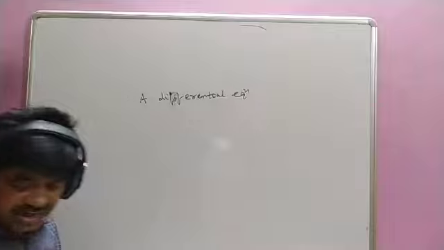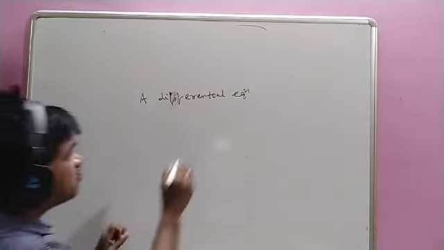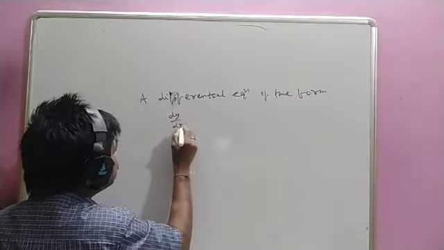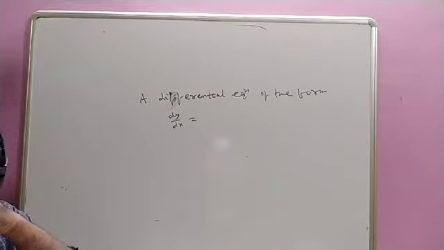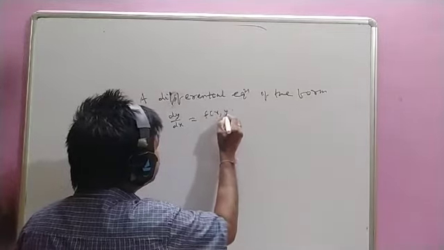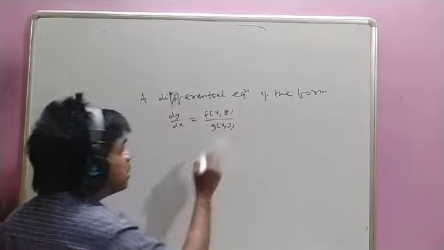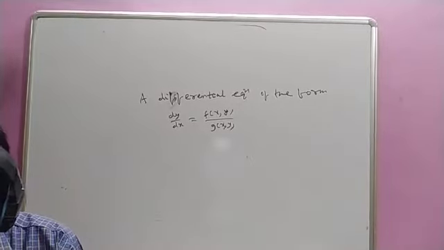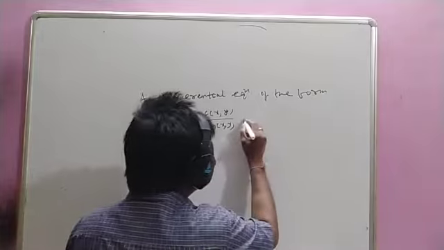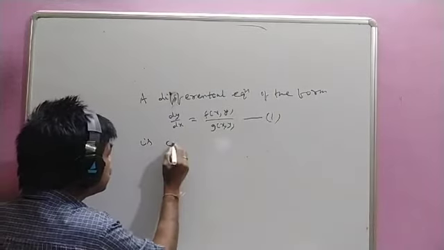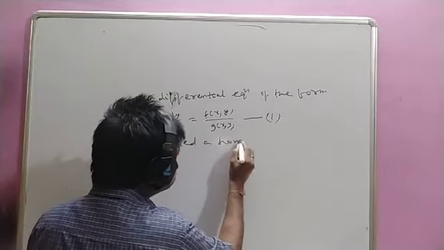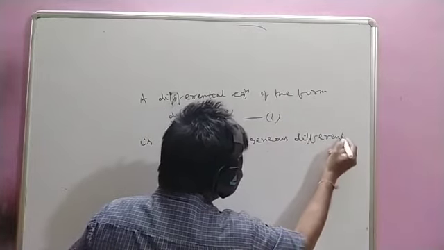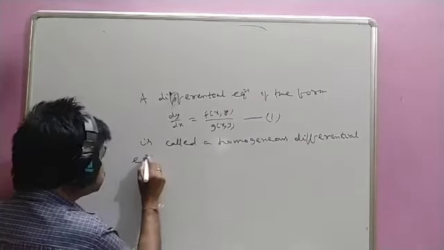A differential equation of the form dy by dx is equal to f(x,y) divided by g(x,y), let us denote this equation 1, is called a homogeneous differential equation.